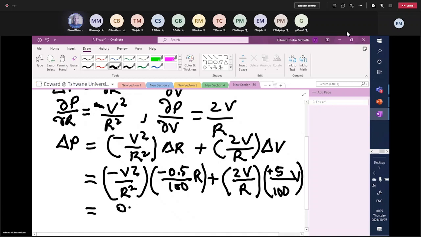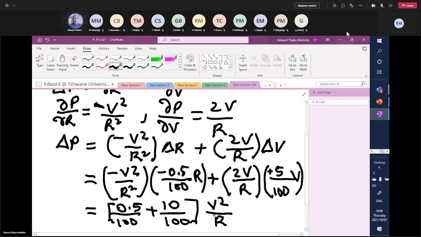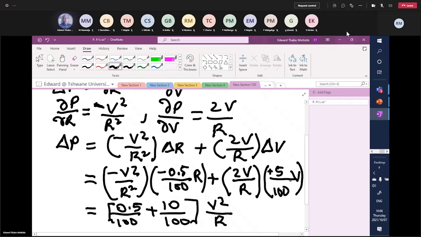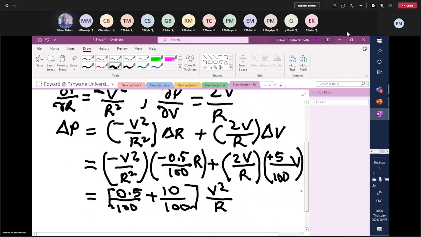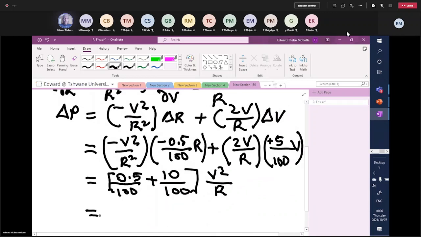You have 0.5 over 100 plus 10 over 100. What is common here? We have V squared over R common, and V squared over R is basically our power, P. Okay, so let's add these two.